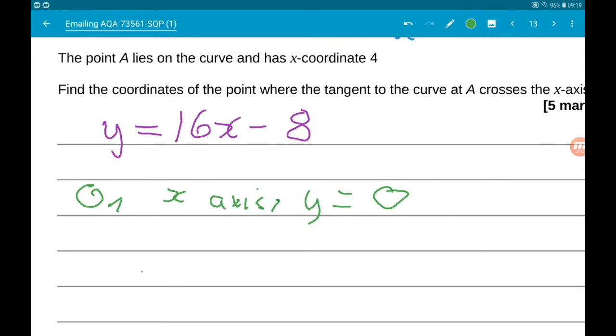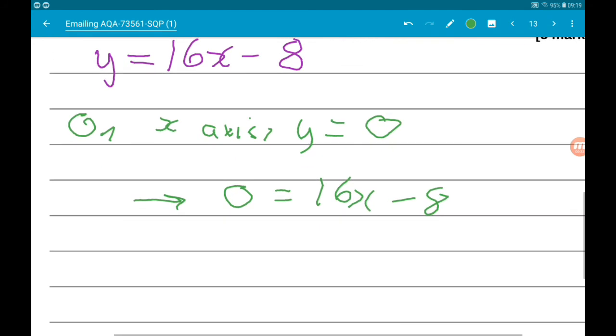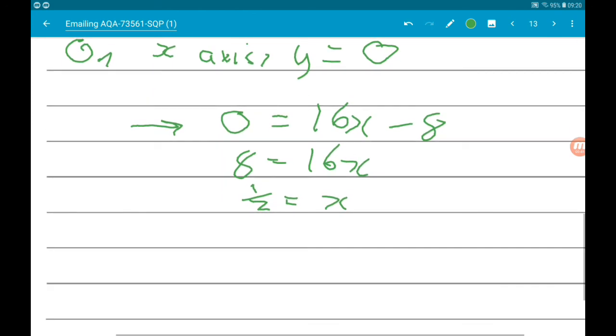So we get 0 is equal to 16x minus 8. So 8 is equal to 16x. So divide by 16, we get 1/2 is x. So the coordinates are 1/2, 0. Good times.